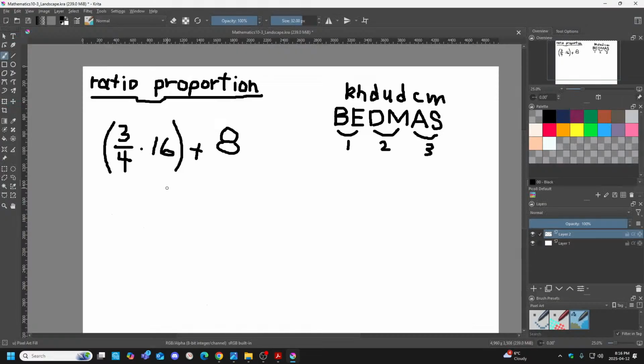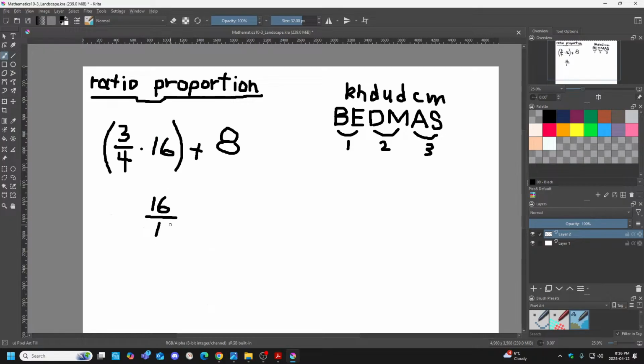Okay, guys, take note of something here. Let's look at this value 16. We don't really write it, but this whole number is actually over 1. It doesn't matter, it's still going to give you that result.